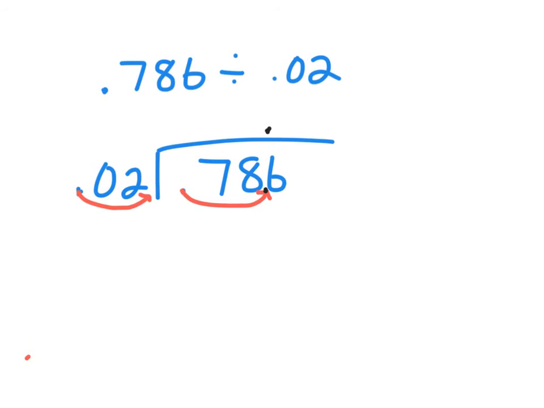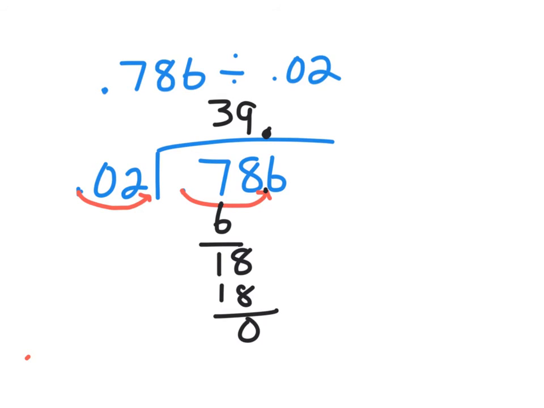I bring it up immediately before I do any of my division. So I've dealt with my decimals first. Now my division will go just as it always does. 9, that's 18. Bring down the 6, and my answer is going to be 39 and 3 tenths.